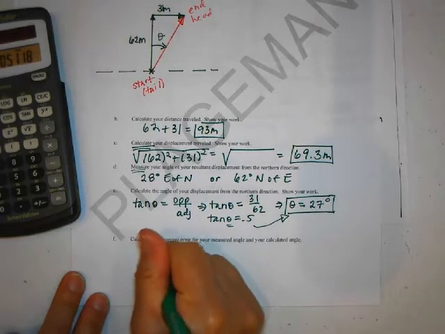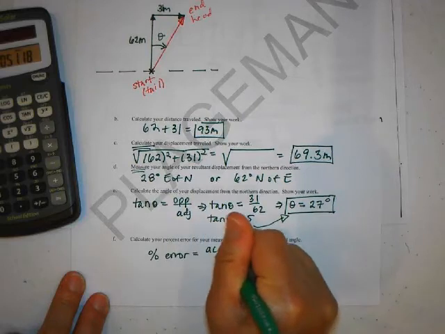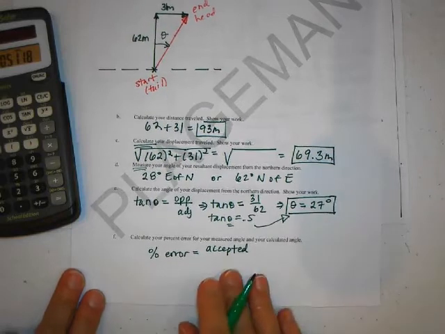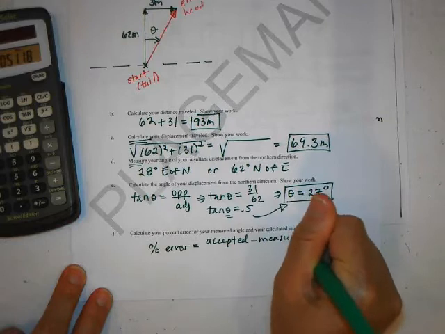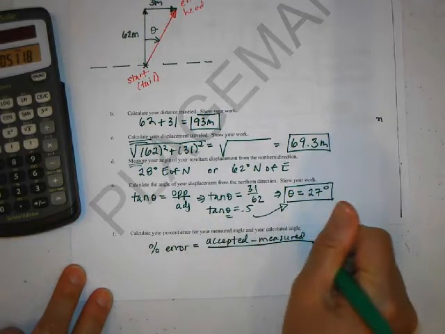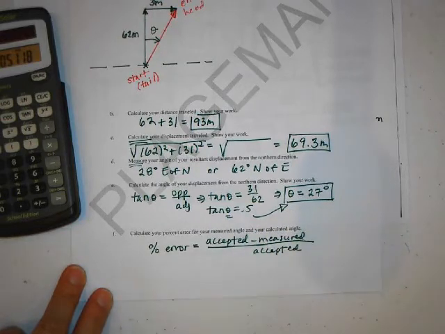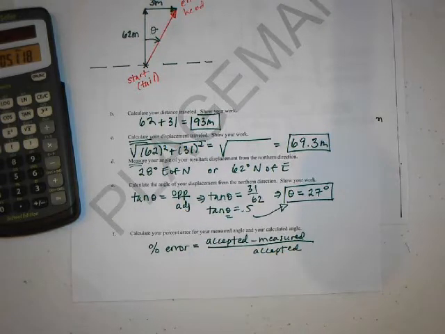So remember that percent error is equal to your accepted value, which we're going to assume is the mathematical one, minus your measured value, divided by your accepted, and then times 100%, because that should be in the form of a percent. When I do this, I'll probably get a decimal. And that's it. So we did most of this together, and you just have to finish up the rest.